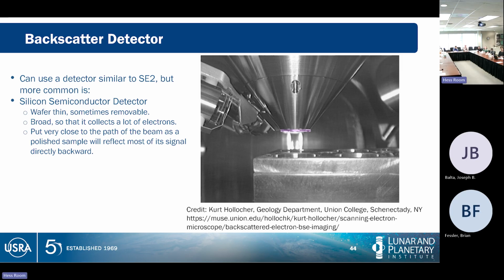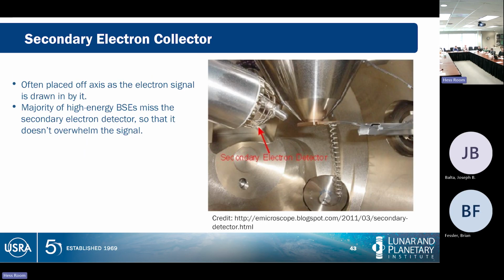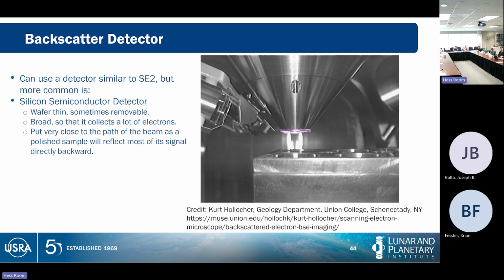The different designs capture different bits of the energy spectrum. So this one collects these low energy electrons that are bouncing around the whole thing. This is a big, broad semiconductor detector that gets all the high energy stuff so that you're not necessarily amplifying the voltage.